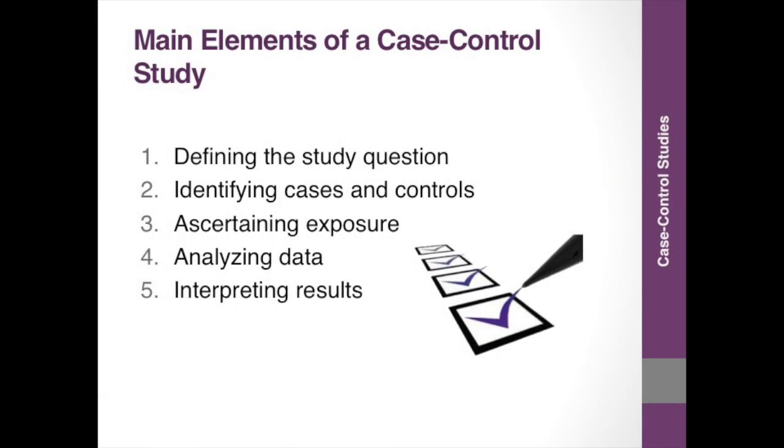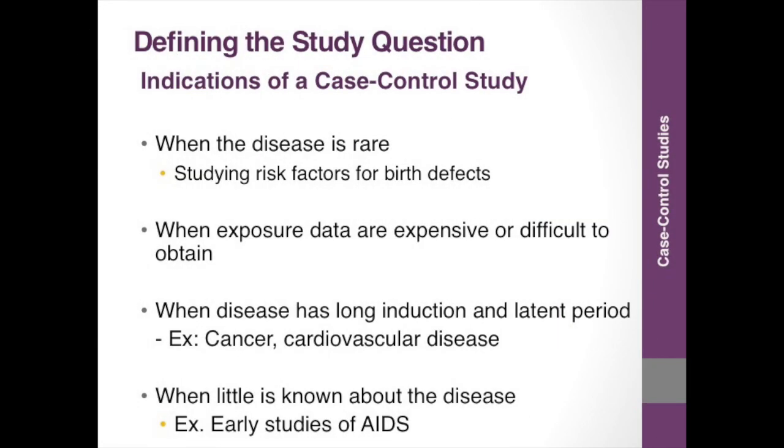The main steps of a case control study include defining the study question, identifying cases and controls, assessing the exposure, analyzing the data, and interpreting the results. Case control studies are very useful when the diseases are rare, for example, studying risk factors for birth defects or most cancers.